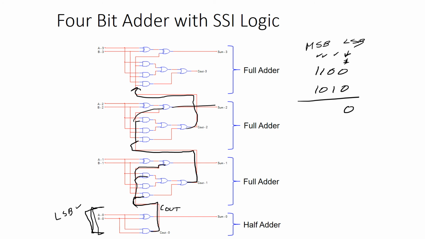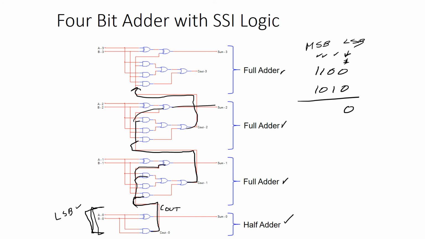So here I've chained together adders. And again, this first adder is sometimes referred to as a half adder because you don't have to worry about a carry in. You just have to worry about a carry out. The rest of the adders are called full adders. Full adders have to be able to deal with a carry out to the next place, as well as a carry in into that circuit.